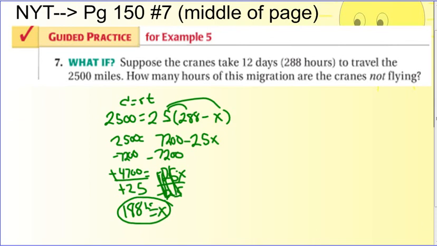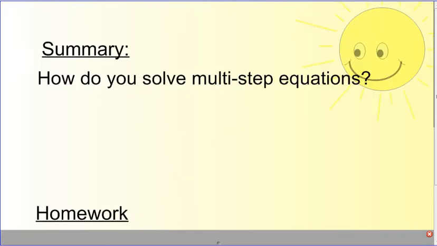All right. So that's the entire lesson. In our little summary box, how do you solve multi-step equations? Put down a sentence, a little summary, some way that you've learned today to solve these multi-step equations. What do you do? Here's what I do.